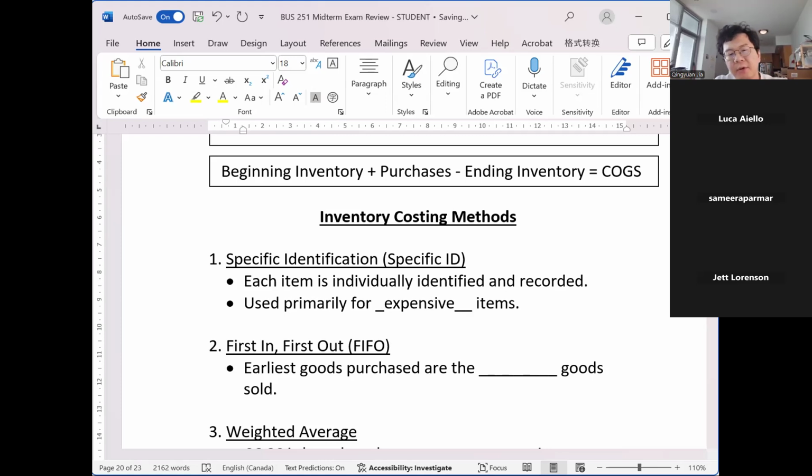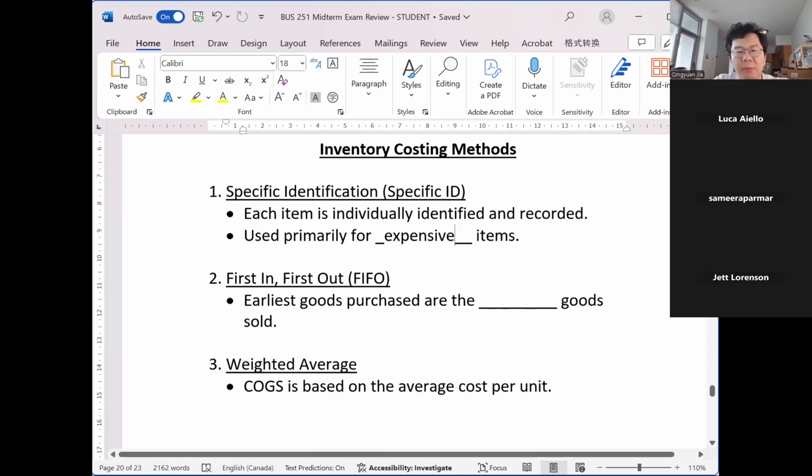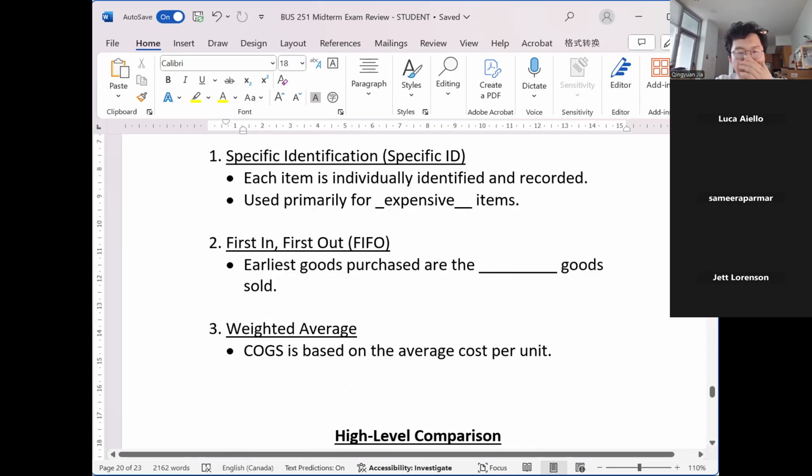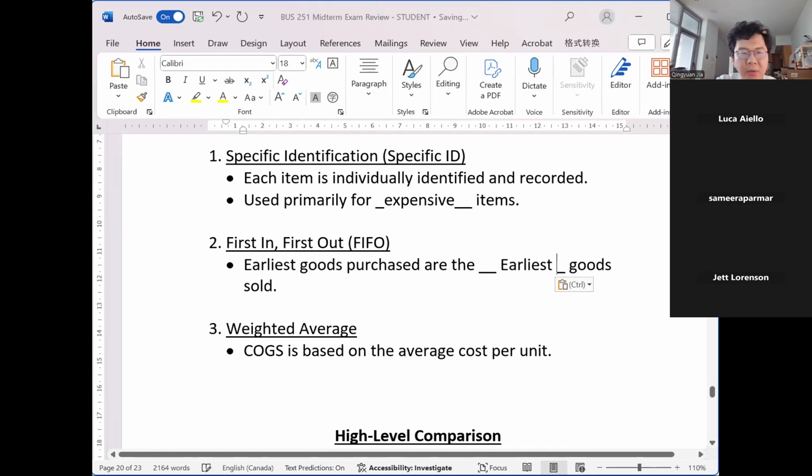Since they are very valuable and expensive, we need to be very specific about where each item goes and when it was sold. First in, first out means the earliest goods purchased are the earliest goods sold. It is just what it looks like.